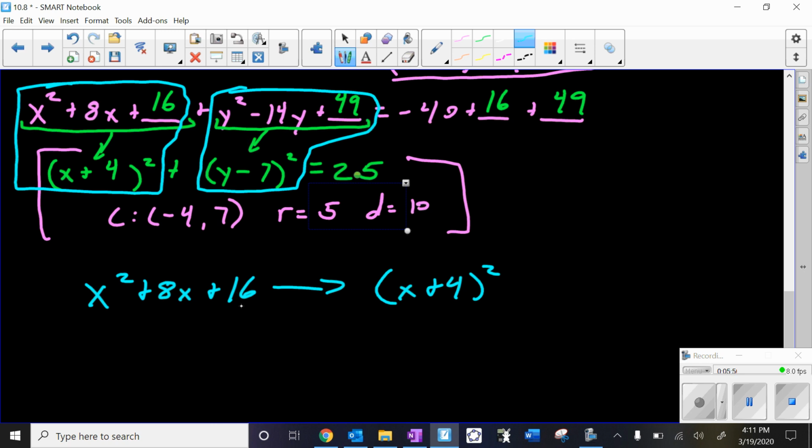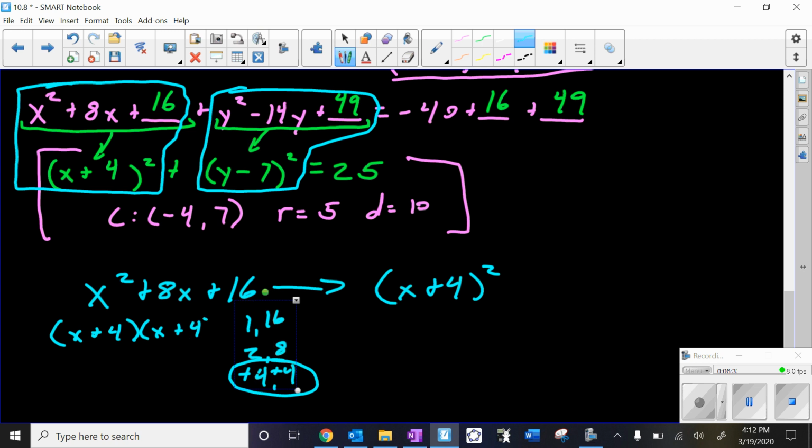So I'm going to write down all the factors of 16: 1 and 16, 2 and 8, 4 and 4. I think those are all of them. Now I'm looking for which set of factors adds to a positive 8, and the one that works is 4 and 4. They both have to be positive. 4 plus 4 gets me 8x, and 4 times 4 gets me 16. So I can rewrite x squared plus 8x plus 16 as x plus 4 times x plus 4.